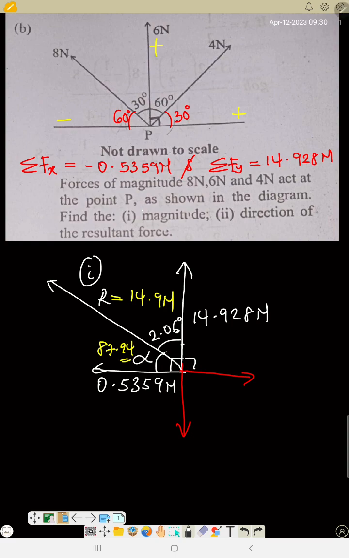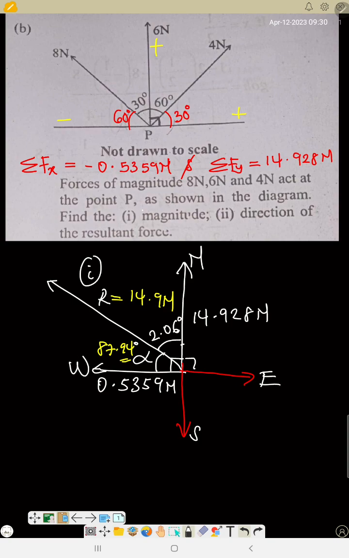But for here, it is the direction which the resultant makes with the horizontal, the angle which the resultant makes with the horizontal, that is this. So you can also represent this portion as, remember this is north, south, east and west.